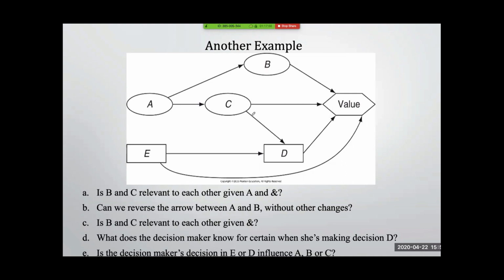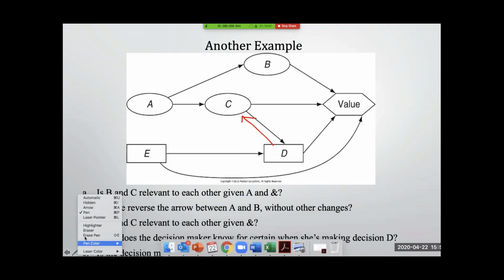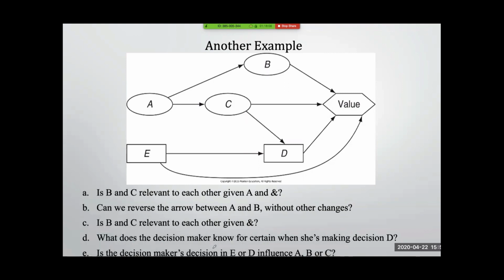Since the direction of this arrow is from C to D, this is an information arrow. If the arrow is instead like this, then that would mean decision D is influencing C. However, that is not what we have here. So the answer is no.